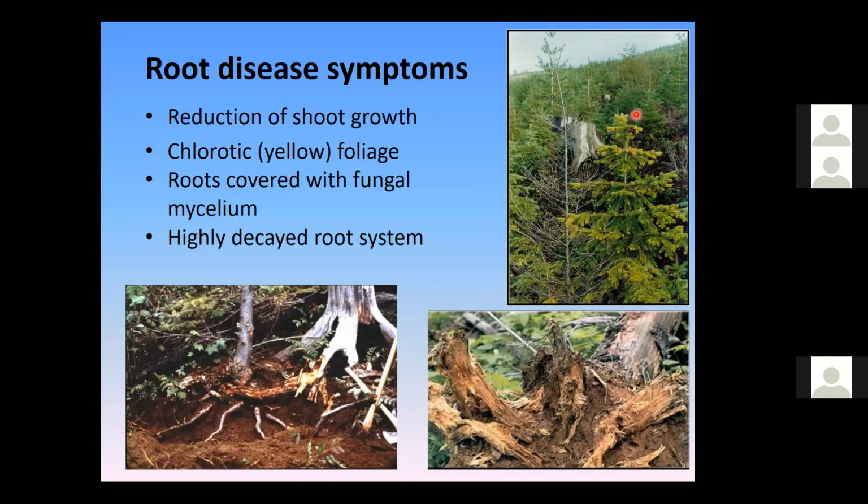And the amount of growth it's putting on every year seems to be getting shorter. The yellowing could be a sign that it's not getting nutrients like nitrogen from the soil because its roots aren't functioning. And with reduced shoot growth, obviously, if your roots aren't functioning, you can't grow very fast or very tall.